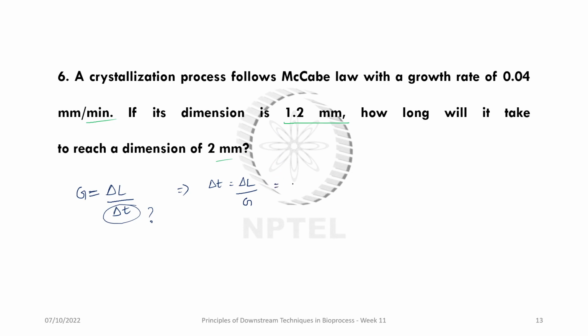Okay, and the length is 2 millimeters minus 1.2 millimeters divided by 0.04 millimeters per minute. So what would this be? Does anybody want to calculate and tell me?